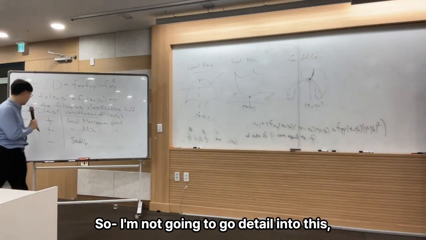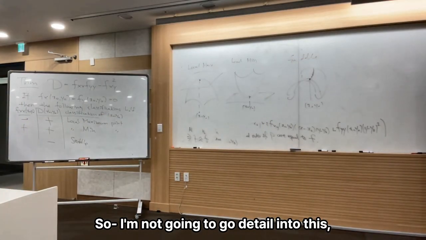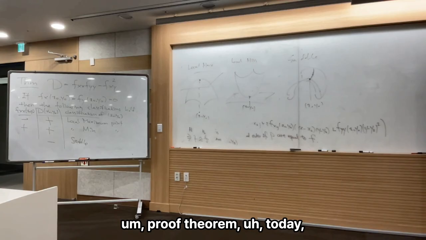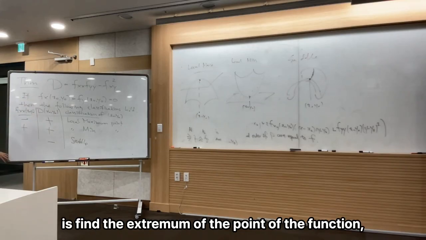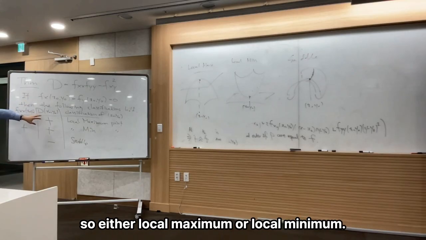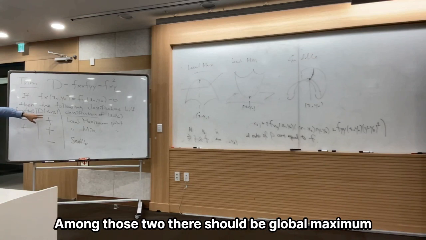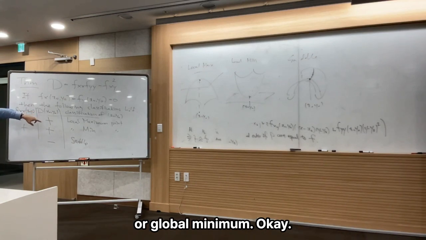I'm not going to go into the detail of the proof of this theorem today, but probably tomorrow. What we are doing here is finding the extremum of the function, either a local maximum or local minimum. Among those, there should be a global maximum or global minimum.